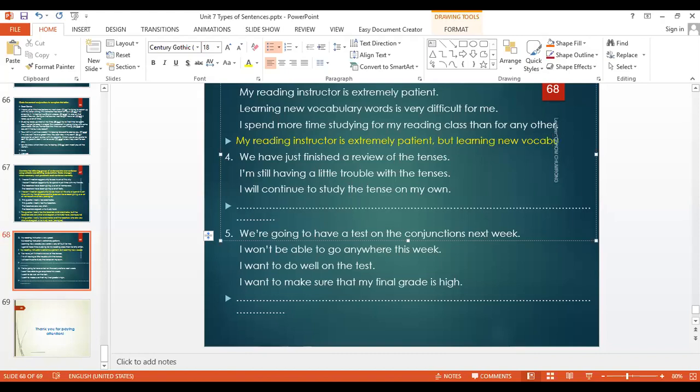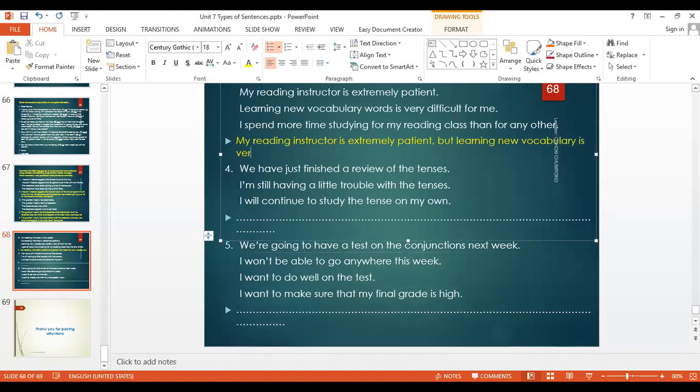New vocabulary is very difficult for me. And then what do you put? Because I spend more time studying for my reading class. Because, I think, teacher.